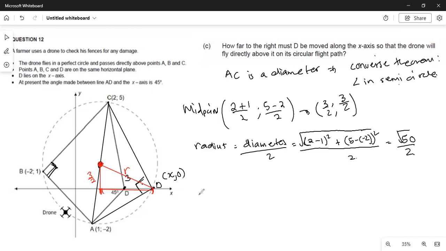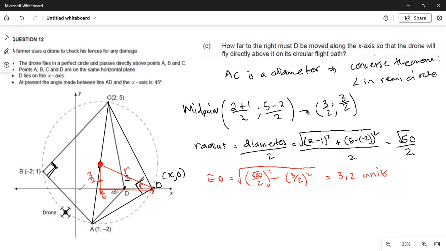We would use Pythagoras' theorem again to calculate that length. Let's give that place a name so we know what we're working with: E. So we'll say that ED is the hypotenuse squared minus, in this case, let's call this side our opposite side, giving us ED as 3.2 units.